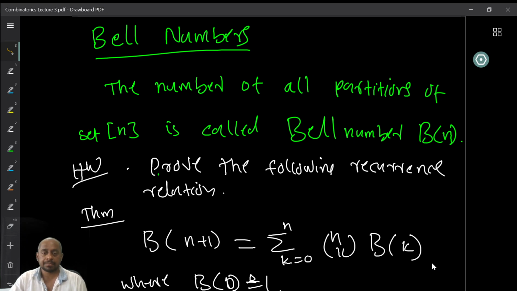B(n) is the number of all partitions of the set 1 to n into any number of blocks, right? That is the definition, and it should satisfy the recursion relation. So similar to the argument that we did in the case of S(n,k), prove that B(n) also satisfies the recurrence relation given here. Okay, so that is a homework.